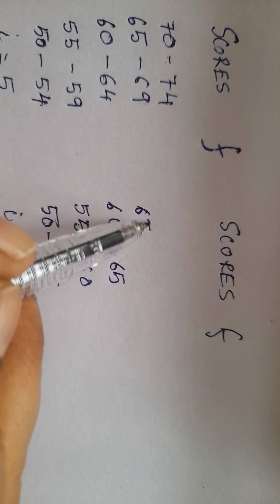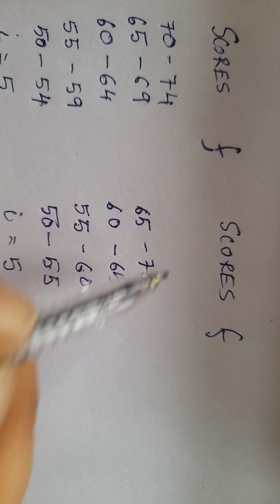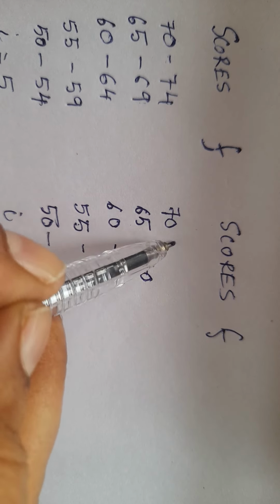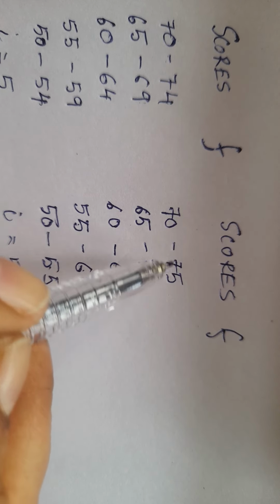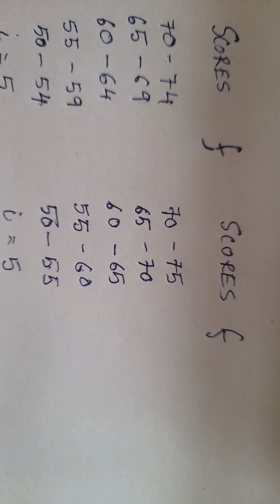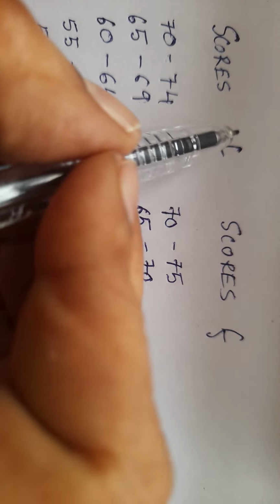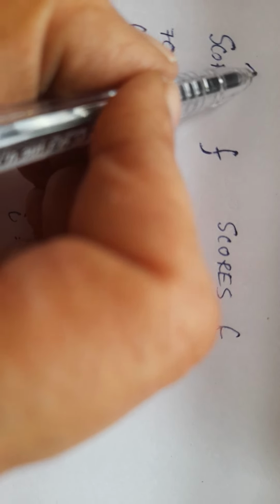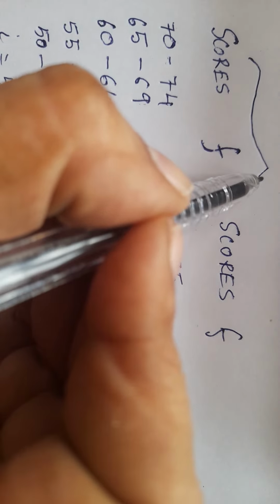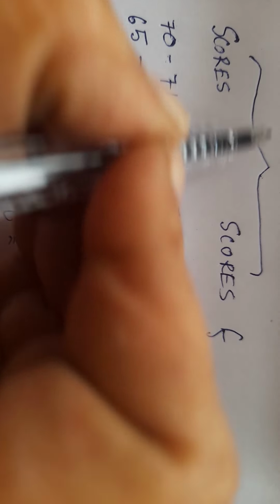Okay, so 65 to 70 and 70 to 75. These two methods are showing class limits. Okay, and let me write it here. Both of them show your class limits.